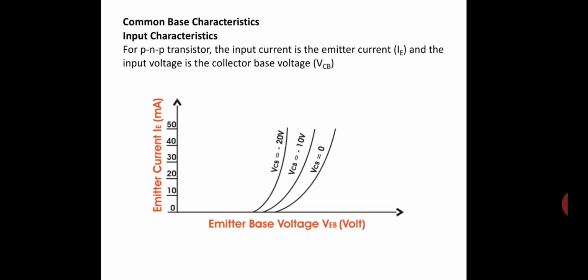Due to this property, the emitter is designed with high doping, so more charge is emitted from the emitter. These emitted charges are collected at the collector terminal. Base provides the support between emitter and collector.